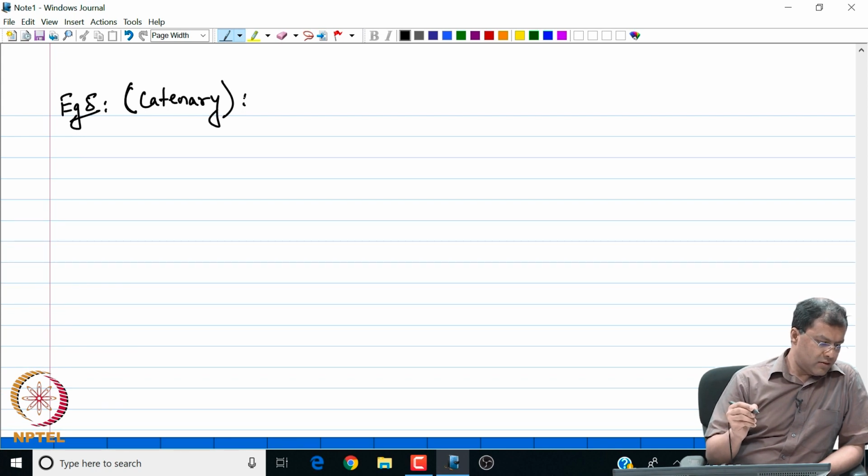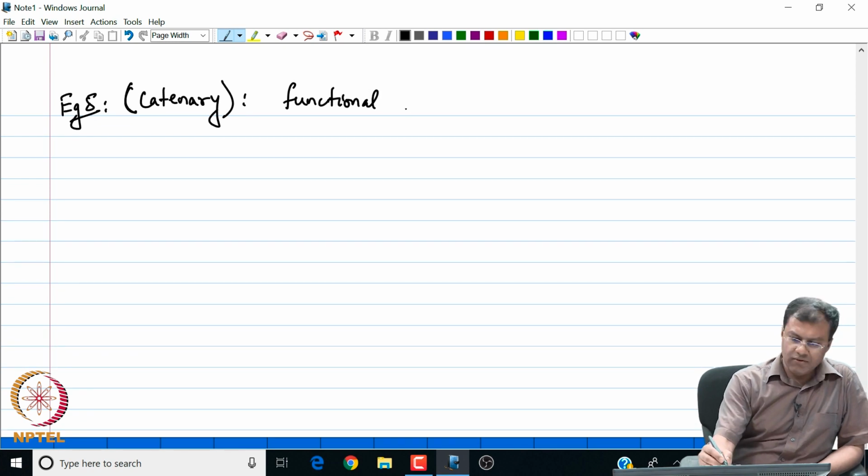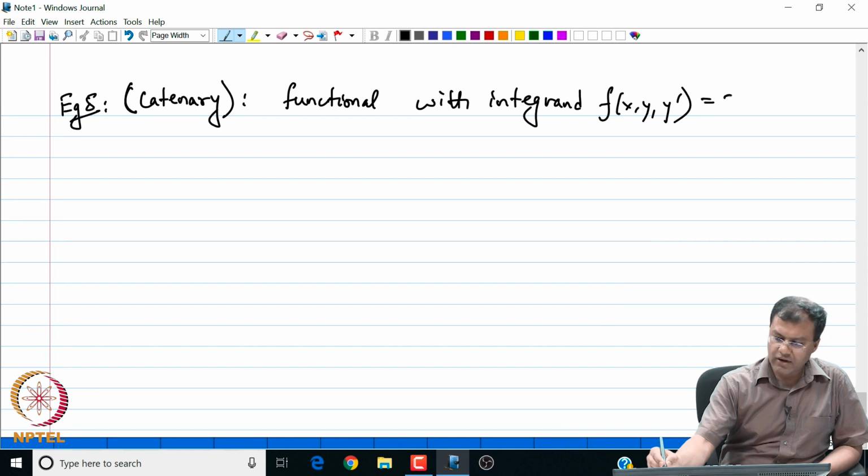So, what we have is the following. Let us consider the functional with my integrand f of x comma y prime, which is given to be y times square root of 1 plus y prime square.